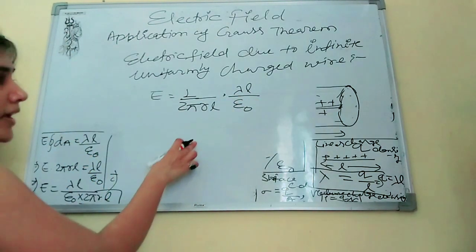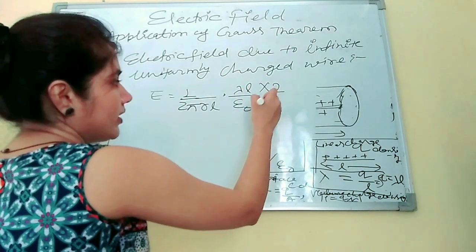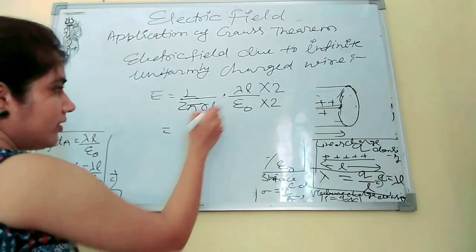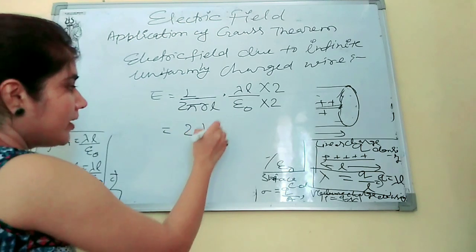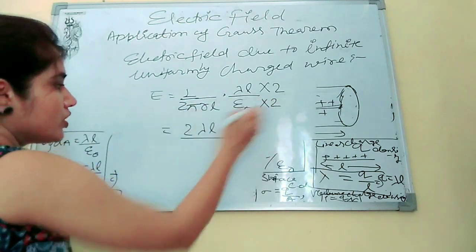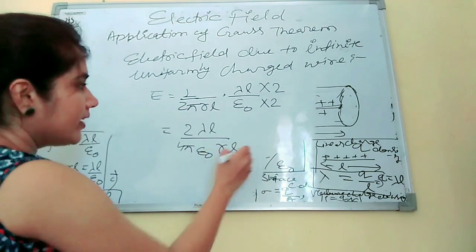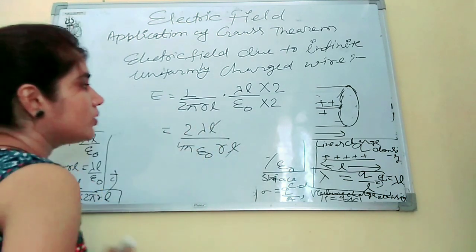If we multiply by 2 in the denominator and numerator, we get 2 lambda L upon 4 pi epsilon naught RL. This L cancels out.